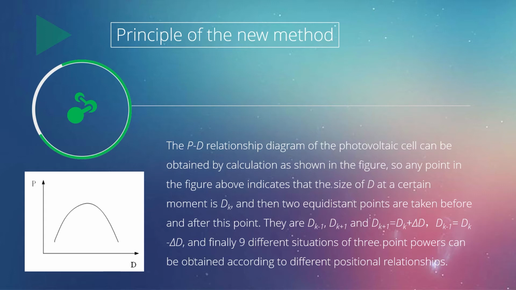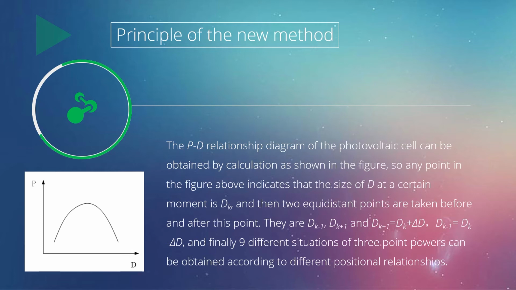So, any point in the figure above indicates that the duty cycle at a certain moment is dk, and then two equidistant points are taken before and after this point.